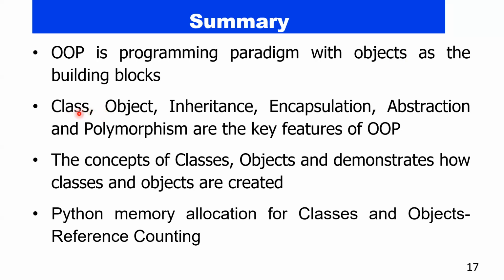Out of these concepts, we have discussed class and object, and we have demonstrated how classes and objects are created. We also have seen the Python memory allocation for classes and objects with the help of reference counting. With this, we came to the end of this session, and we'll be discussing the other features of object-oriented programming in the next lecture.